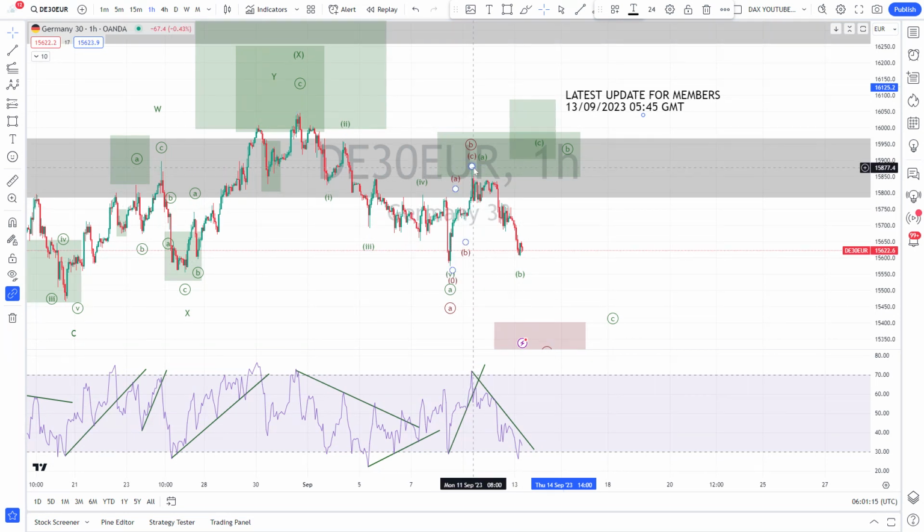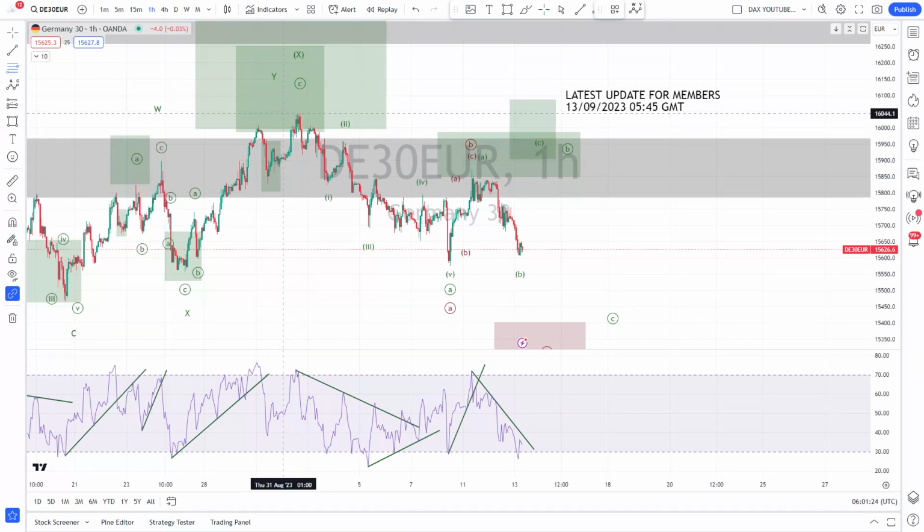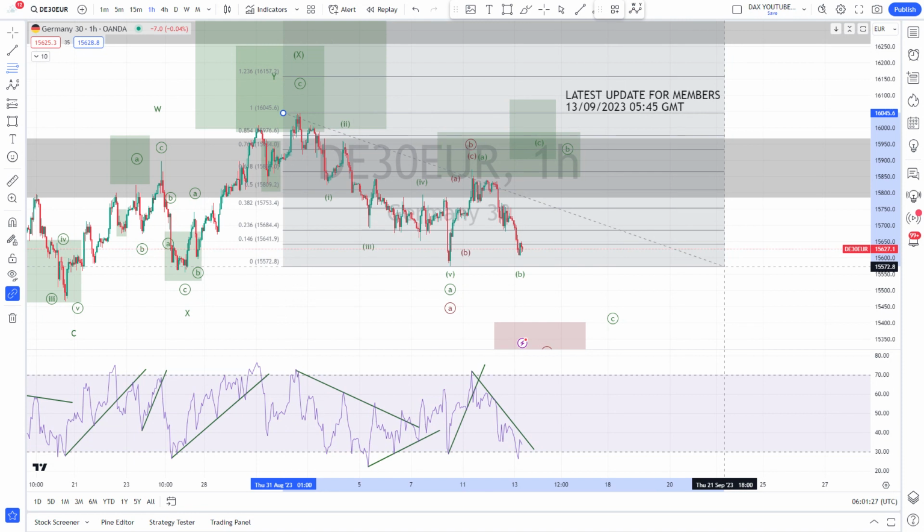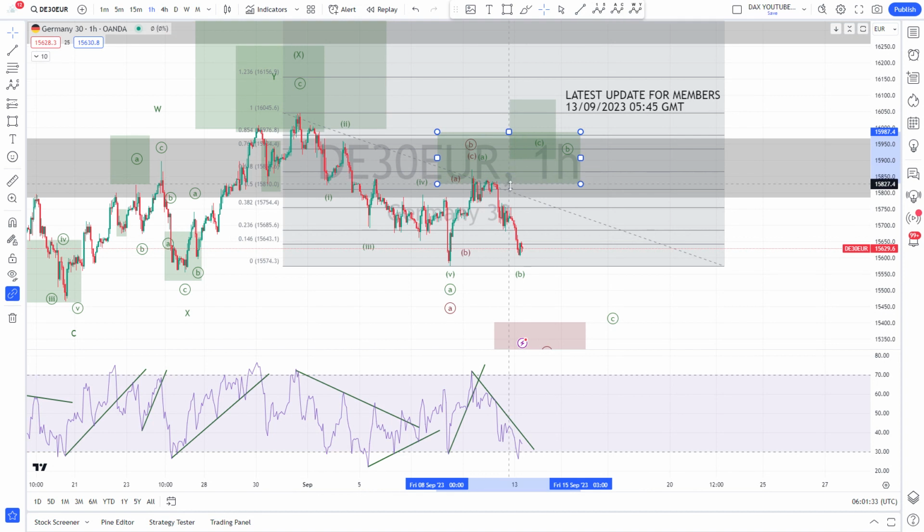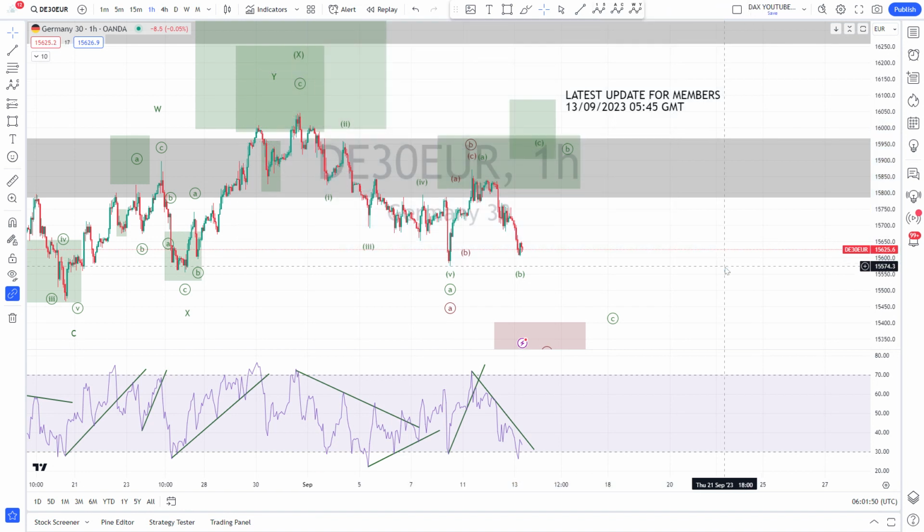So actually, this is already enough for having a wave B. We went into this area, so we know that a wave B goes into the area between the 0.5 and the 0.854 FIB retracement. We did this. So we also have 3 swings, 1, 2, 3, a corrective move. So technically the wave B can be in here.